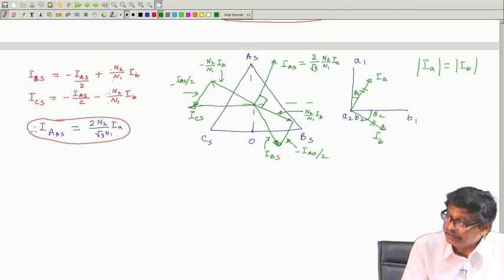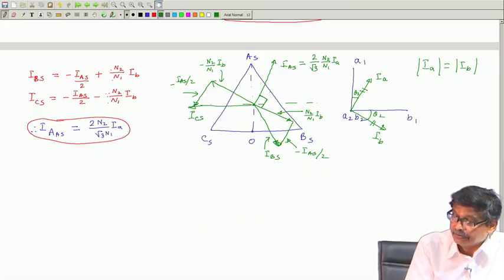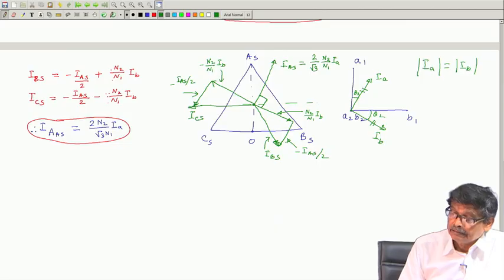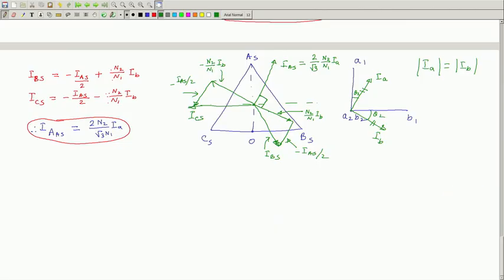Similarly, IB is shifted by theta 2. So, this angle is 90 degree. Therefore, if I can show that this angle is 30 degree, then I will conclude that it will be a balanced 3 phase currents. That is very easy to prove.